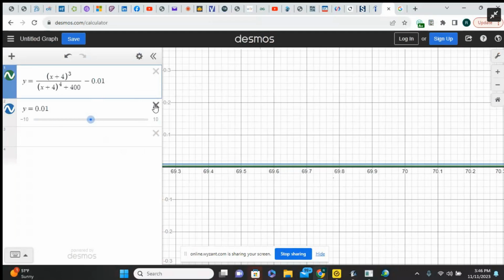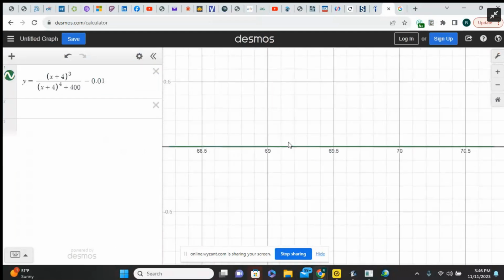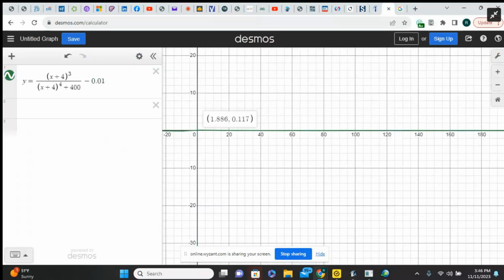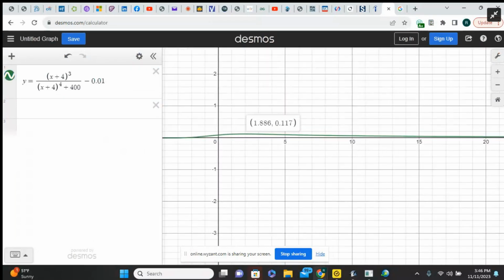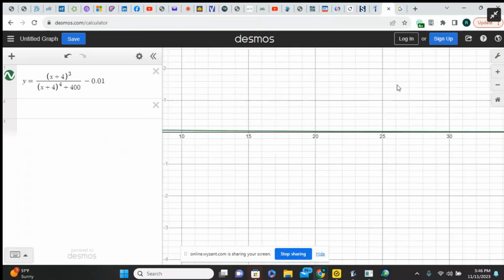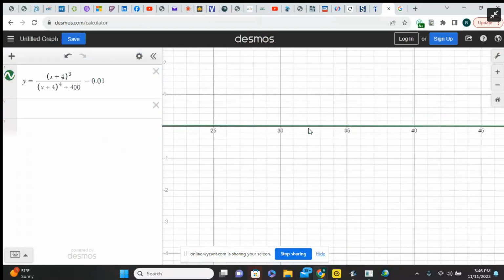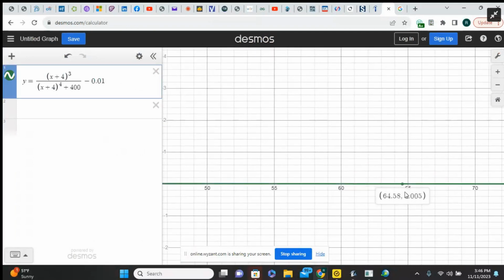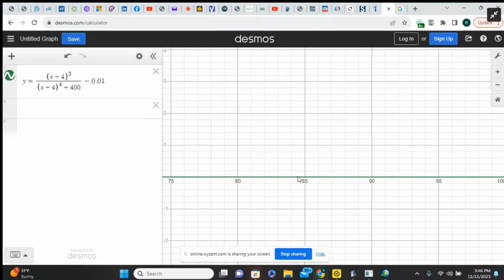Maybe I'll do better finding the x-intercept. Zoom in a little more.